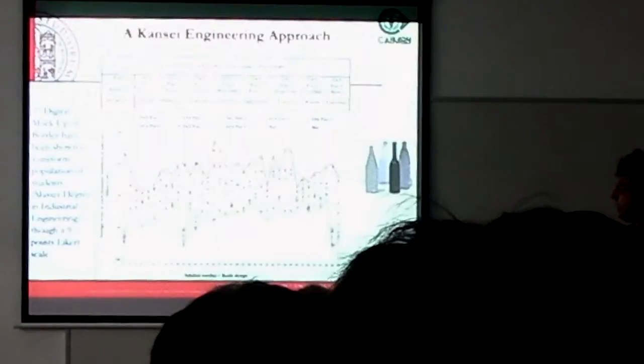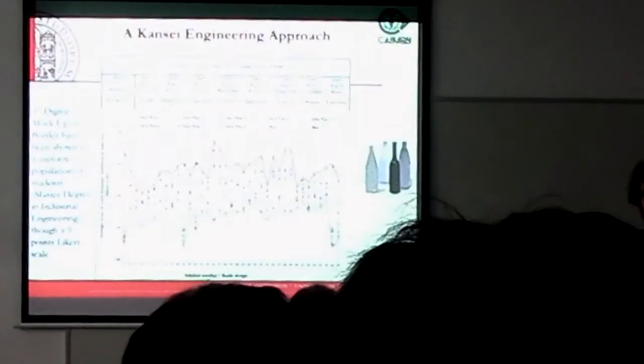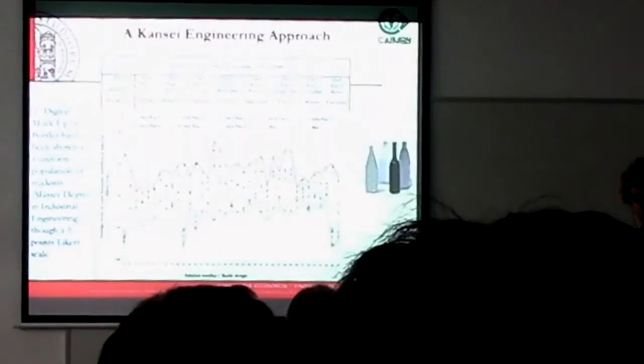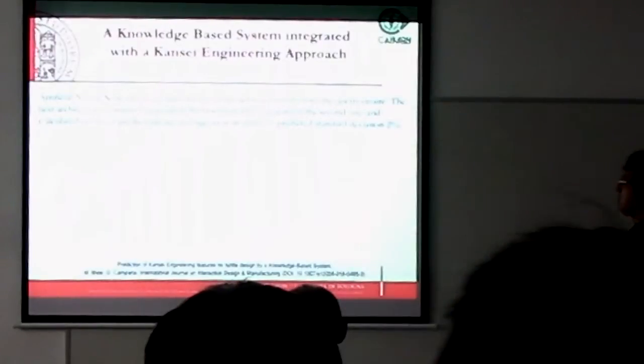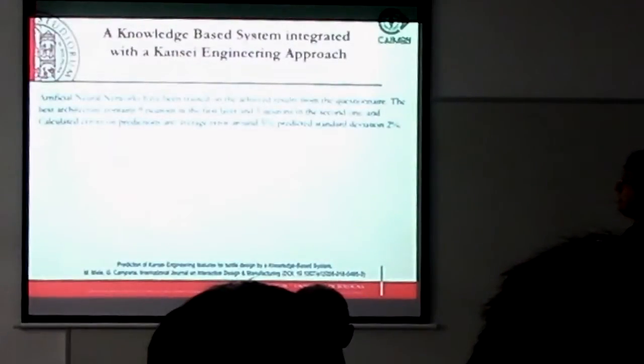This is the map of all the replies of the students to our questionnaire. At the end, we used an artificial neural network, so we developed an artificial intelligence tool based on artificial neural networks. The best architecture contains 9 neurons in the first layer and 5 neurons in the second layer.